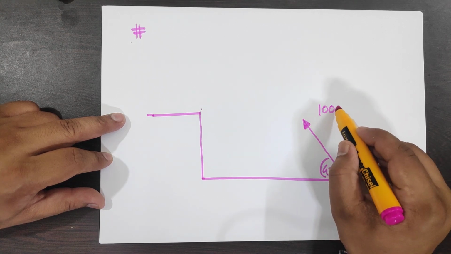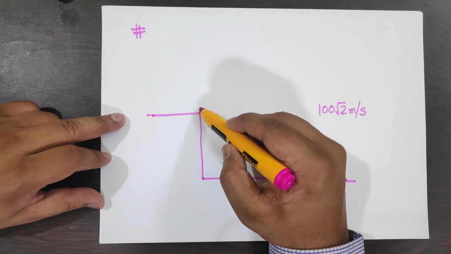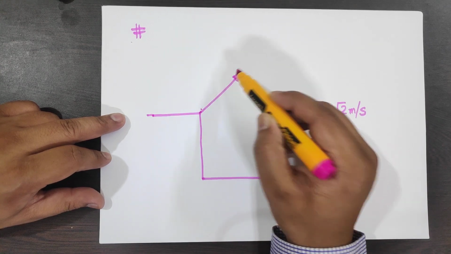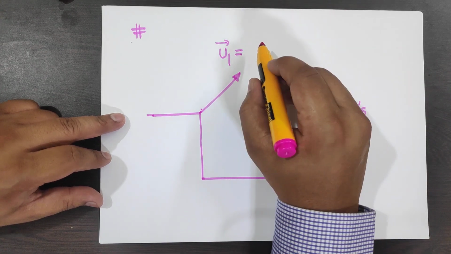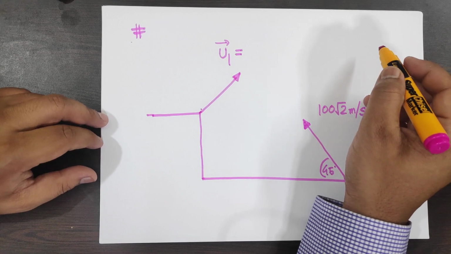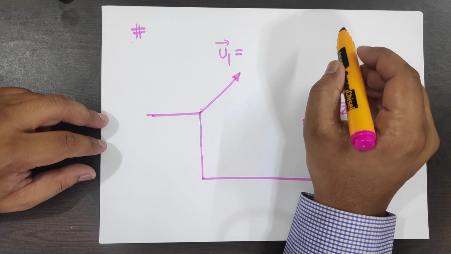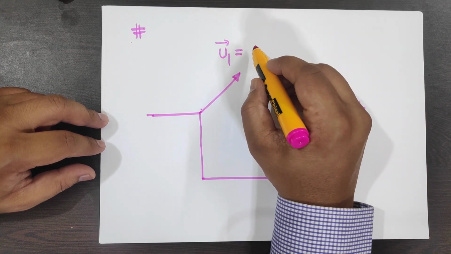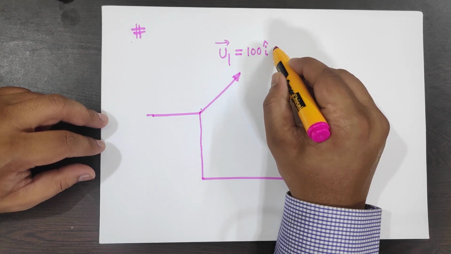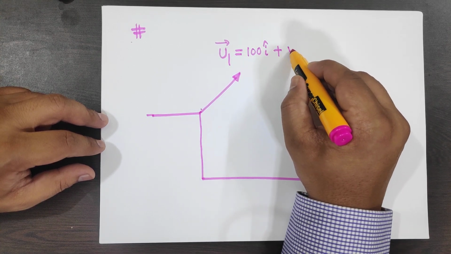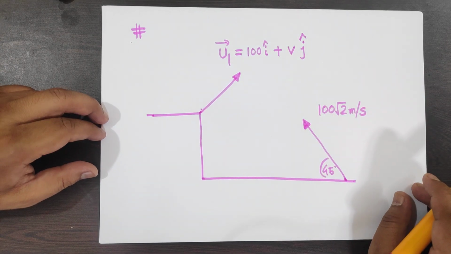Now this is thrown at a velocity 100 root 2 meter per second, and this is thrown at certain velocity, say u1 is equal to 100 i cap plus some v j cap.